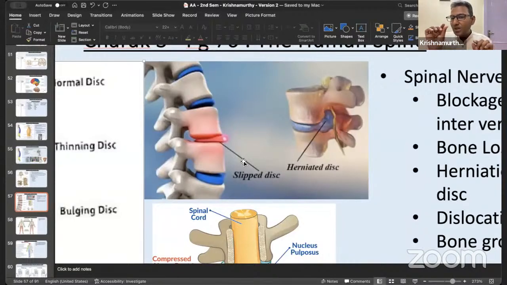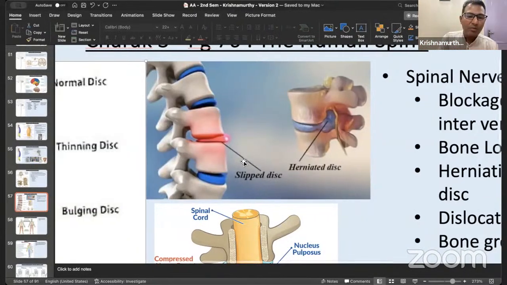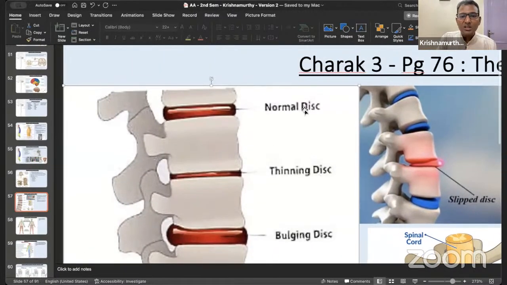When the jelly comes out, it is called a herniated disc. But when the disc itself moves, slightly slips, or changes location, it is called a slipped disc. And this situation is a normal disc. When the disc reduces in thickness, this problem is called thinning of the disc. So we have herniated disc, slipped disc, and thinning of disc.